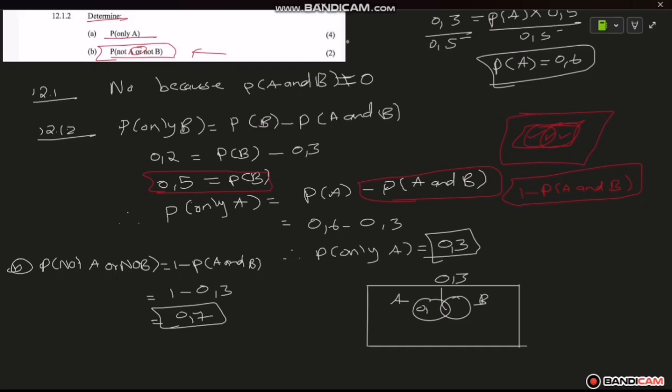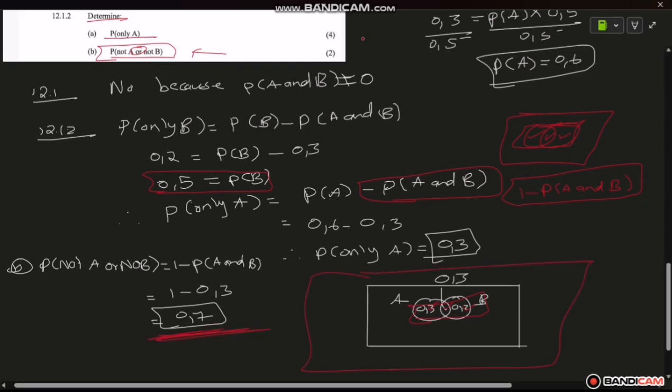Then the probability of only A is 0.3, and here it's also 0.2. When you add these, they give you 0.7. Or you can try to draw a Venn diagram using the information to check if it gives you 0.7 when you add everything inside the events. I hope that makes sense. It's very, very important. So the task is to draw that Venn diagram and see if you get the same thing.